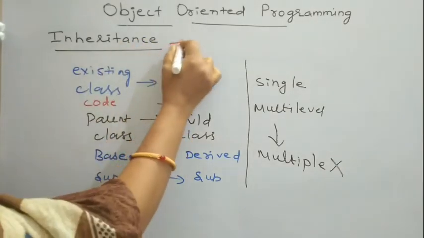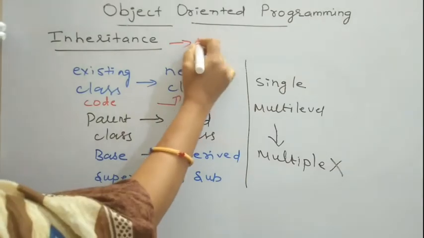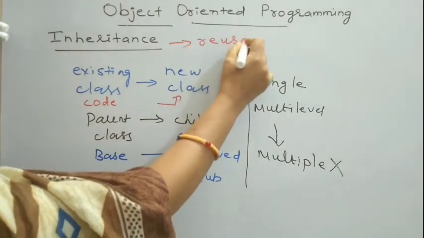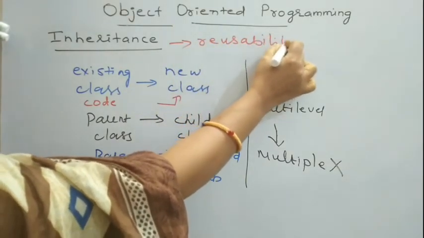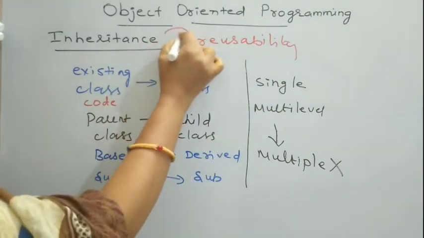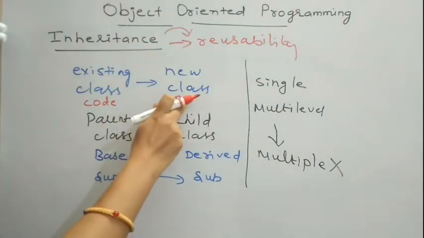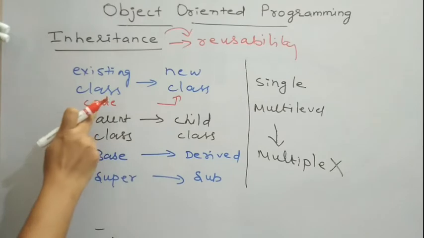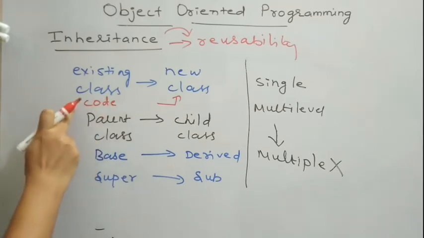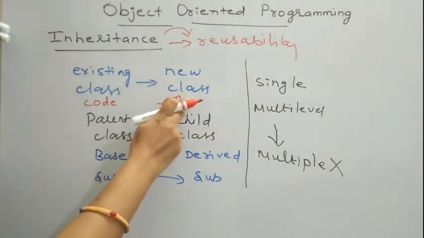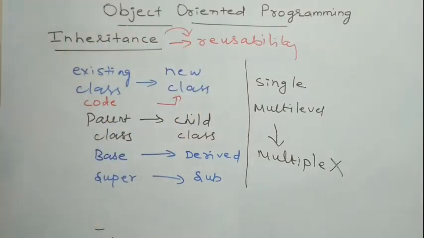So it supports the property of reusability. The child class can access all the code defined inside the parent class, with no need to rewrite the code in the new class. That is a major advantage of using inheritance.